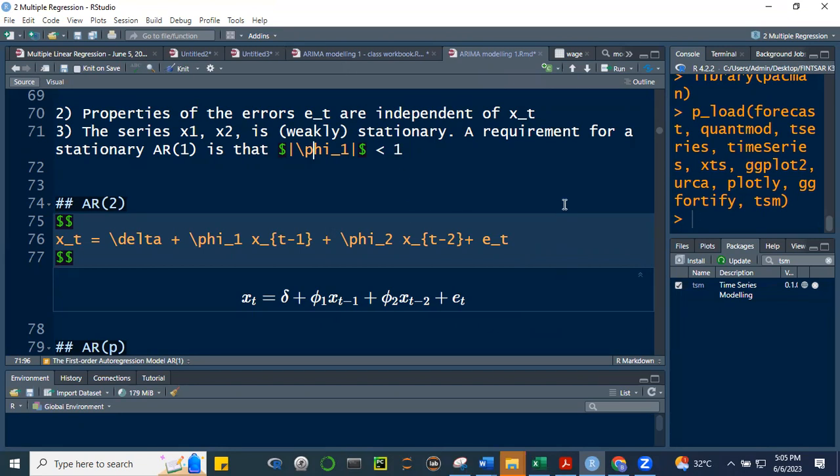You should have this, no? Your x sub t is modeled by a certain constant, plus phi1 x sub t minus 1 plus phi2 x sub t minus 2 plus a certain error term.